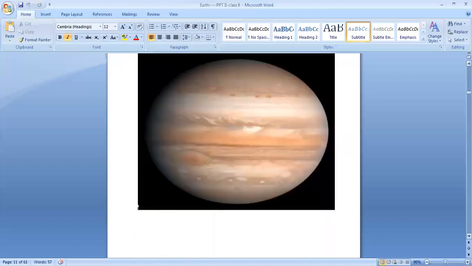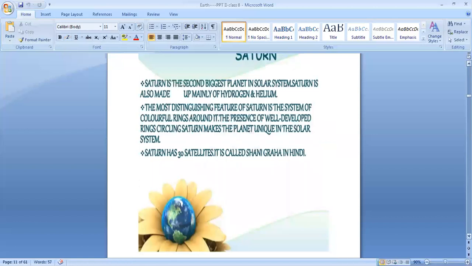So this is Jupiter. The next one is Saturn. Saturn is the second biggest planet. First biggest Jupiter, second biggest planet is Saturn. Same like Jupiter, it is also made up of hydrogen and helium. The most distinguishing feature of Saturn is the colorful rings around it.